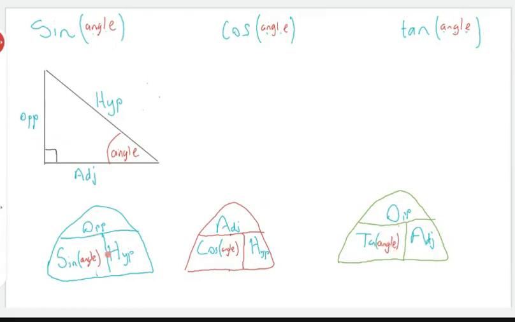Okay. So these relationships, we will use them to actually work out side lengths and angles in questions. It seems very abstract right now, but go with it for now.